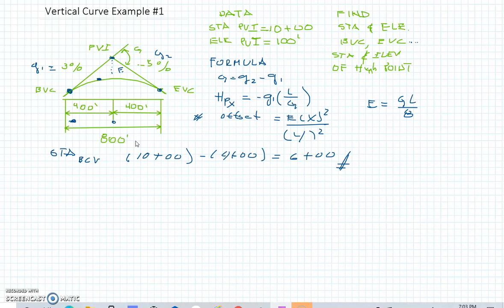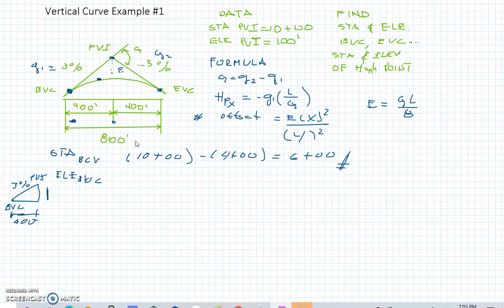So that is the station at the beginning of the curve. Now the elevation at the beginning of the vertical curve. You see this triangle over here. This is my beginning of the vertical curve, this is my PVI, and this is 3%. This distance is 400 feet.